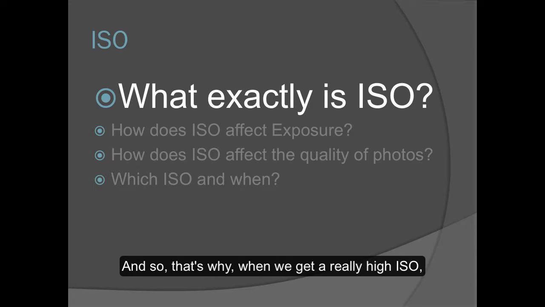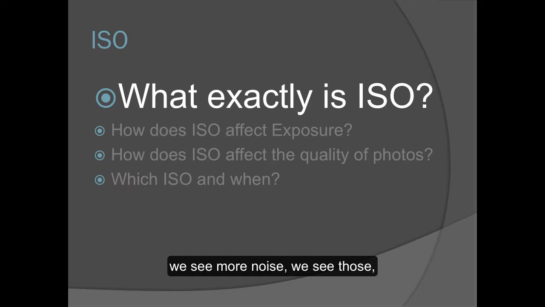And so that's why when we get a really high ISO, we see more noise. We see what we call artifacts in the darker image areas. Our scale for ISO typically starts around 100, and that scale continues to double to whatever your camera's capability is.